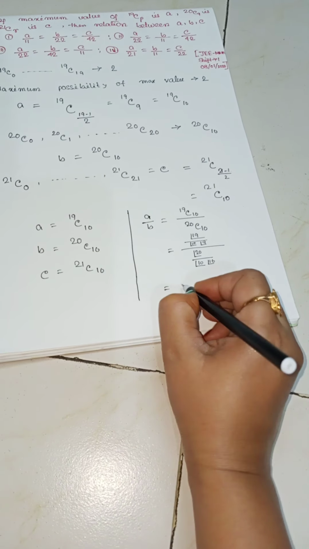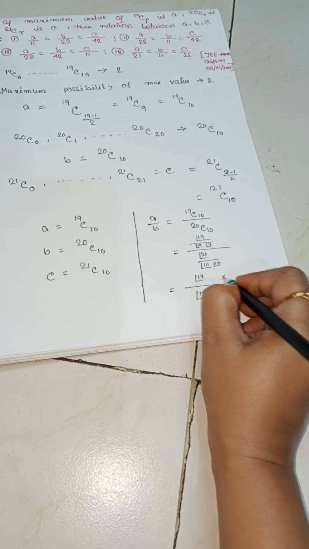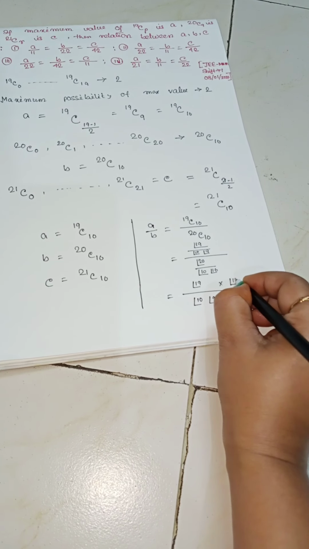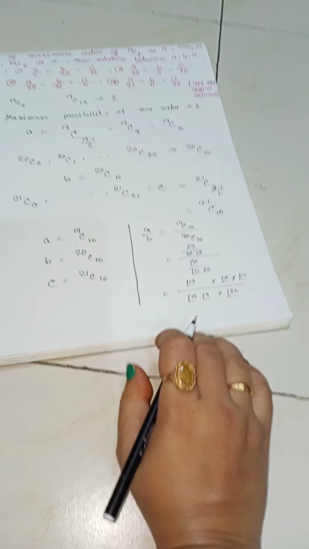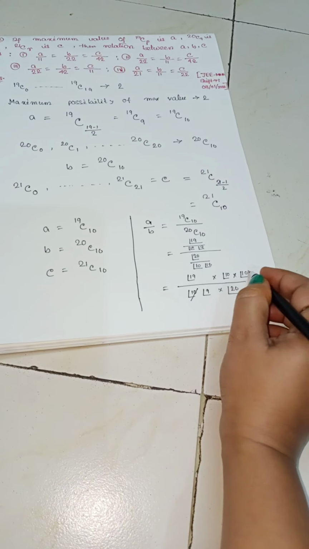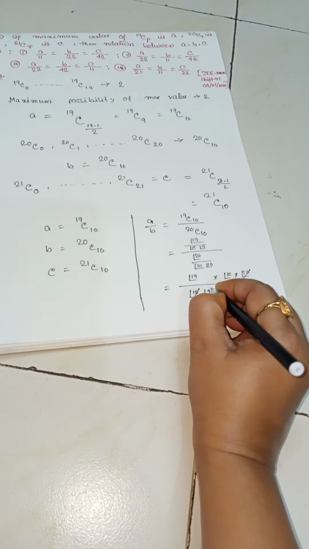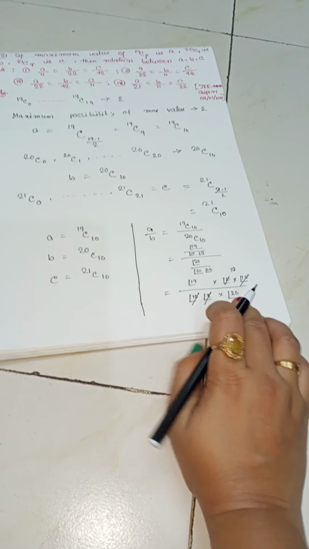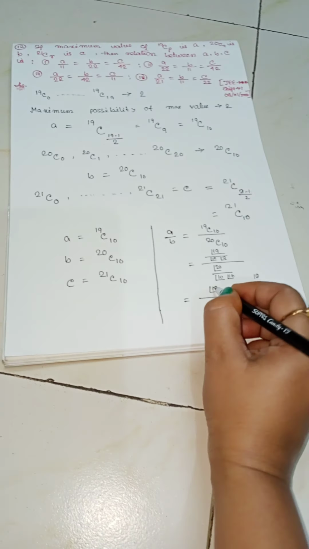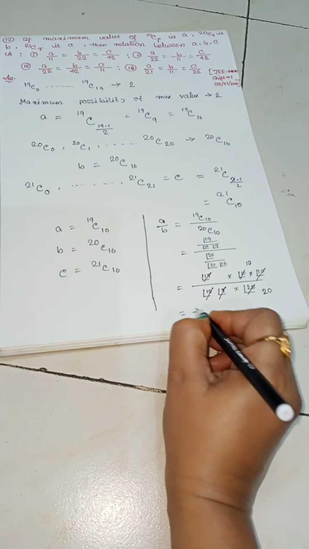Factorial 10 cancels off, factorial 9 cancels, leaving 10 over 20, which is half. So A by B is equal to half.